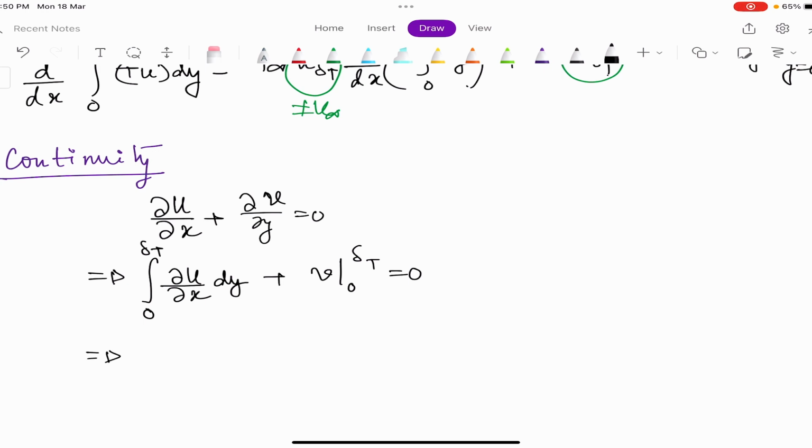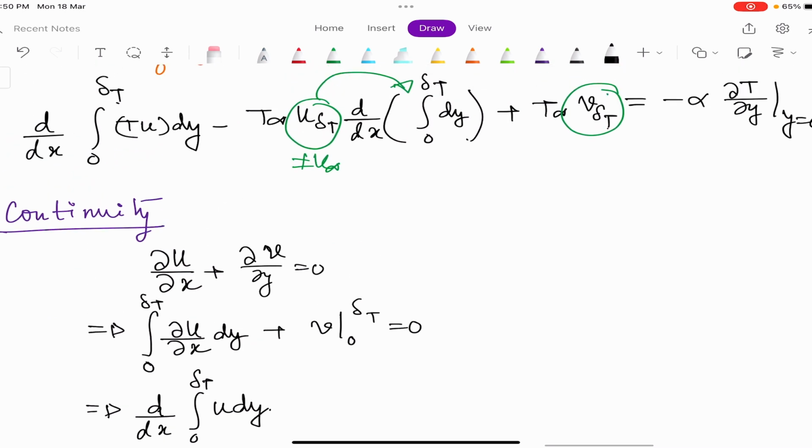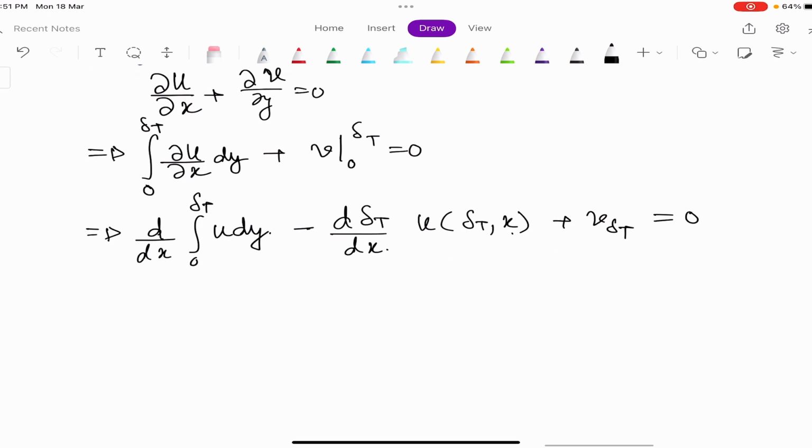So here I will have d/dx of the integral from 0 to delta t of u dy, minus d delta t dx into u at delta t comma x, equal to v of delta t, because v of 0 is equal to 0.